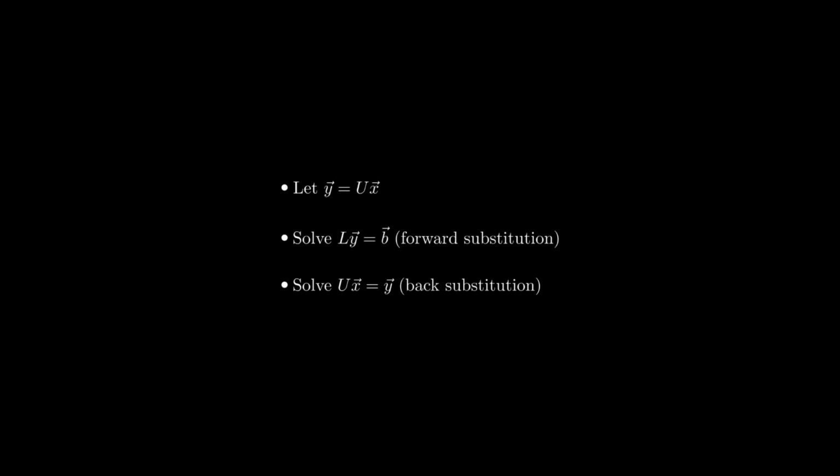This is what's called forward substitution. And then we'll use that vector y to solve UX equals y. And once we solve UX equals y for the vector x, that vector x is our solution vector to our system AX equals b, or LUX equals b in this case. So let's look at how this goes.